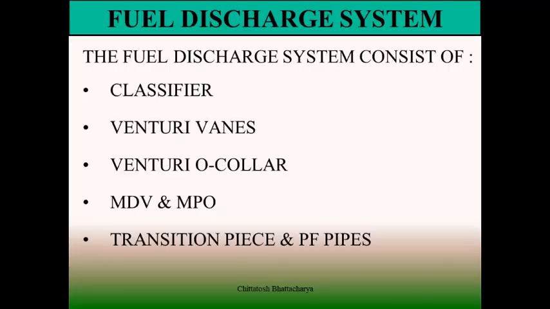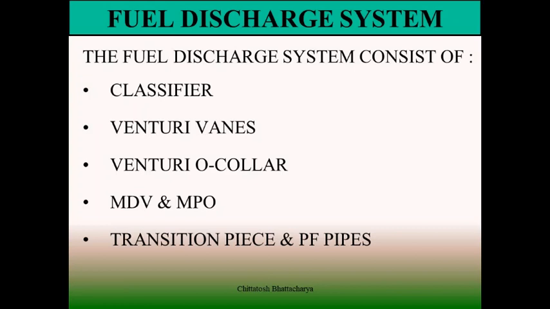Let us now review the pulverized fuel discharge system. Inside the mill, for classification of coal according to size, we have a classifier. The classifier is an arrangement where some blades are there, through which in the conical shaped part the coal and air mixture gets in, and due to this arrangement of blades, there is a swirling effect.